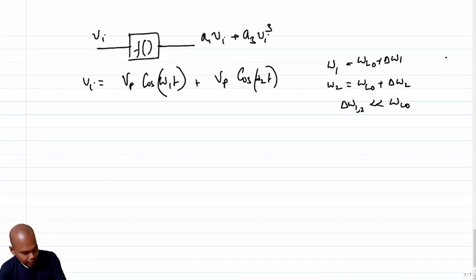Again, generally we will take this assumption. Then let's concentrate on this term only. I do not want to carry forward that a1 vi term, because I know that's a linear term that we are anyway going to have, right?